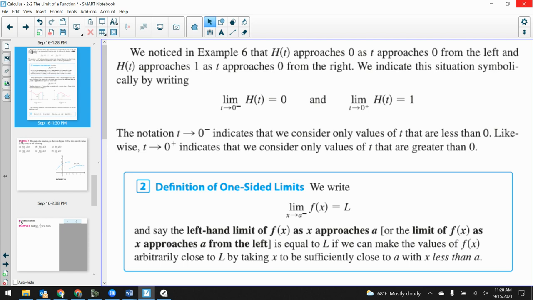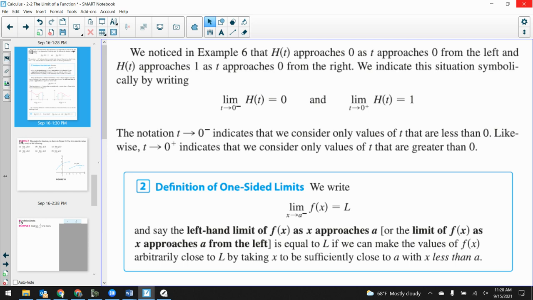So this notation is saying the limit as x approaches a from the left of the function equals a certain number. To say that it approaches from the right, we would just replace that minus sign with a plus sign, okay? If I put a minus sign as a superscript, that is saying approach from the left. If I put a plus sign, that's saying approach from the right.